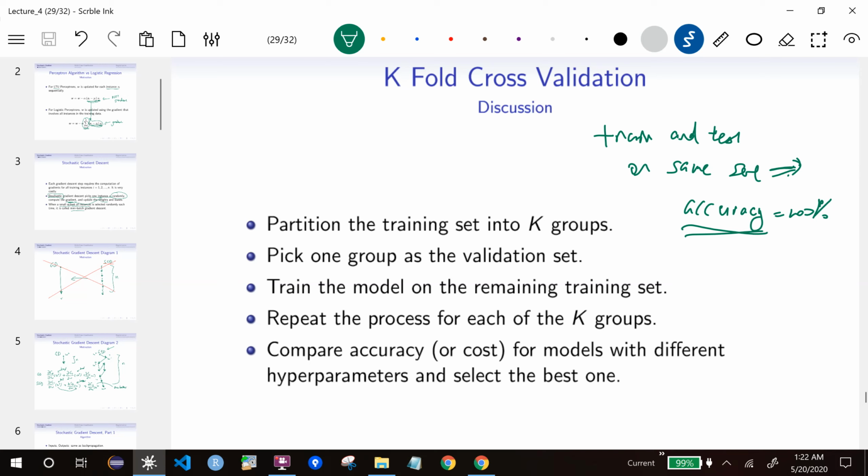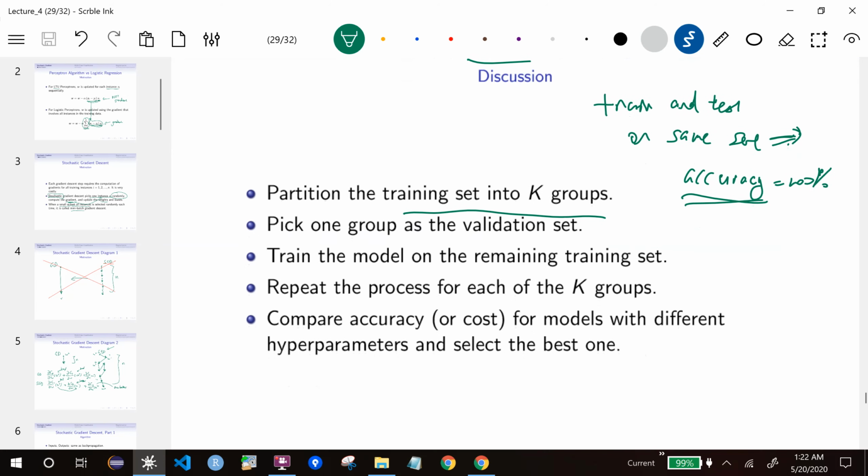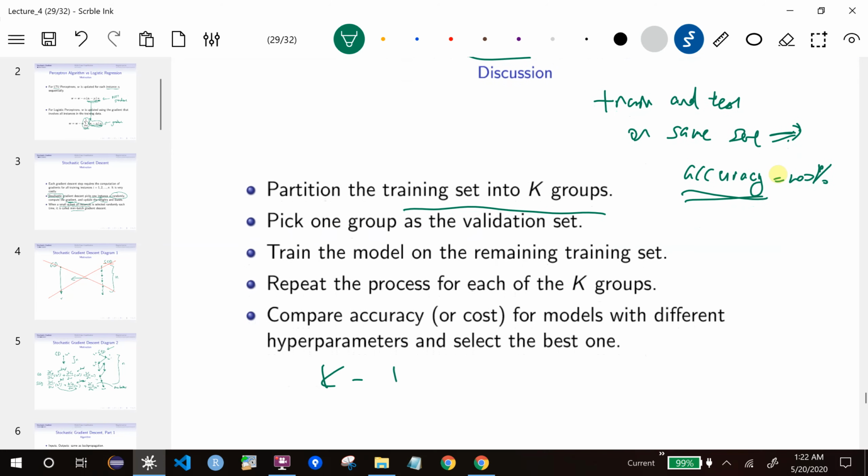So what we can do is something called cross-validation. We basically split the training set into k groups, and we repeat the same process k times. We train k different models with the same hyperparameter, and then we test on one of the groups. So we use k minus 1 groups to train.